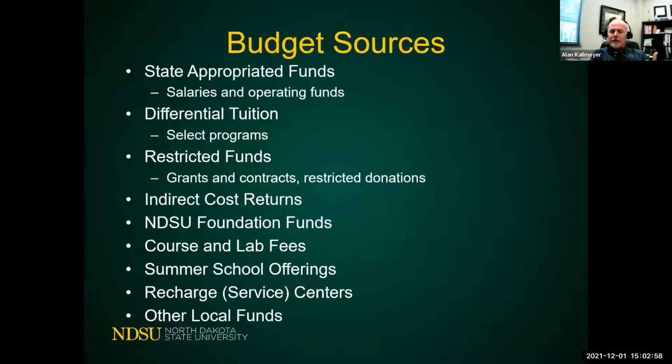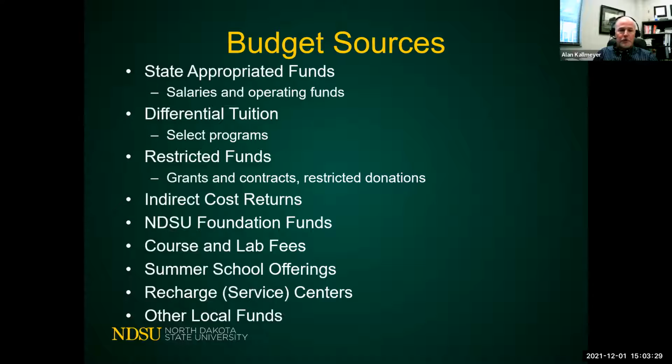And then a lot of what we call the local funds, things like indirect cost returns, that's money that's returned back from research funding, funds from the foundation that we get from our donors, for example, course and lab fees, those are being phased out, but there's a few programs that still have some course and lab fees. Summer school offerings, which provide a good stream of revenue for some programs that have a lot of students in summer classes.